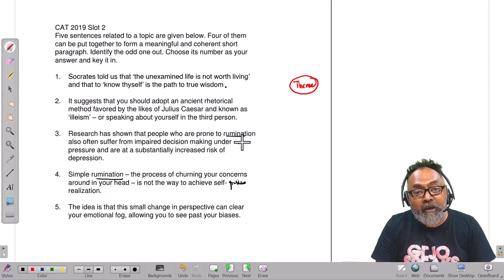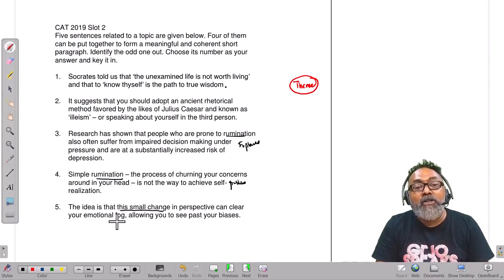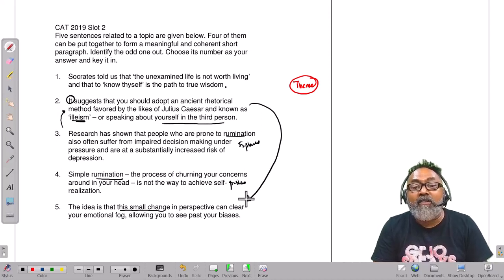That problem is explained. The idea that this small change in perspective can clear your emotional fog, allowing you to see past your biases. What is suggesting? The research is suggesting you should adopt an ancient method known as Iliism, or speaking of yourself in the third person. The idea is that this small change, I can use all these connections after this.